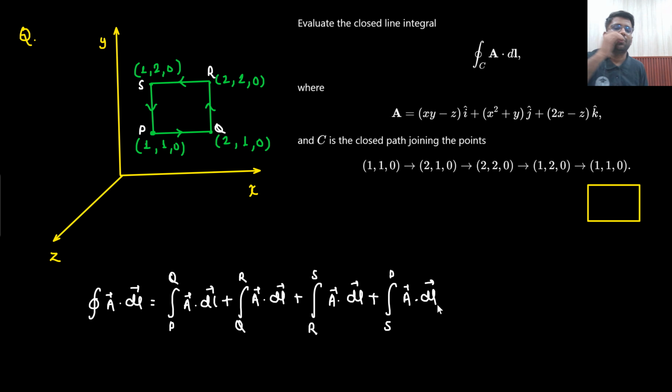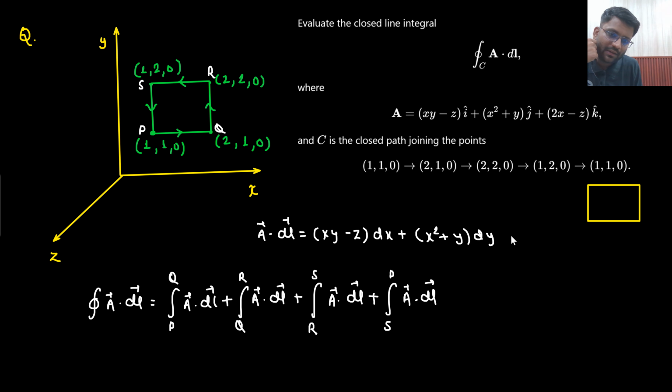Can you do it on your own or not? Absolutely, clearly you can do it. A dot dl, can you write it down? I will copy this as well, because I will have to write it again and again: xy minus z dx plus x square plus y dy plus 2x minus z dz.